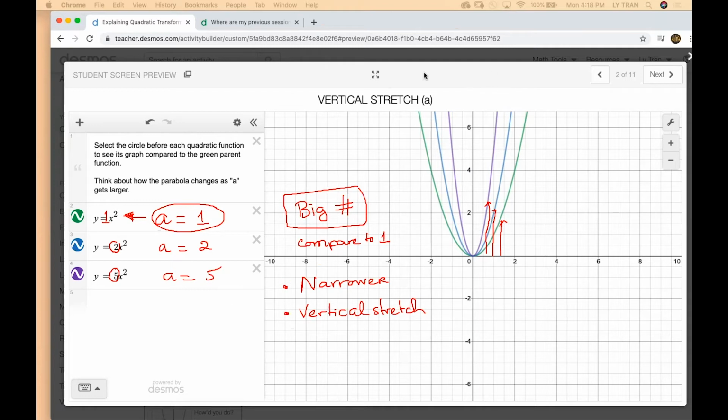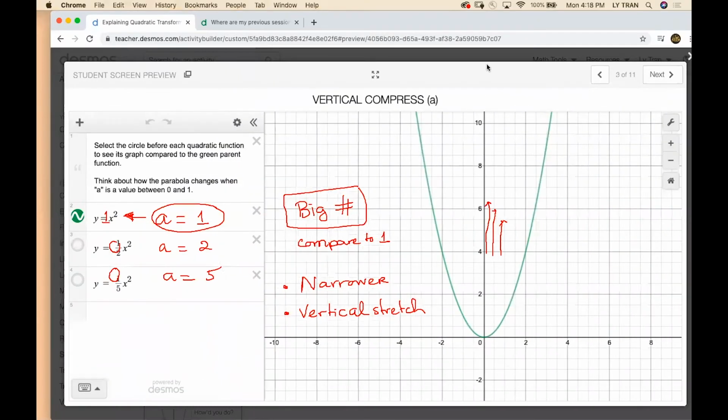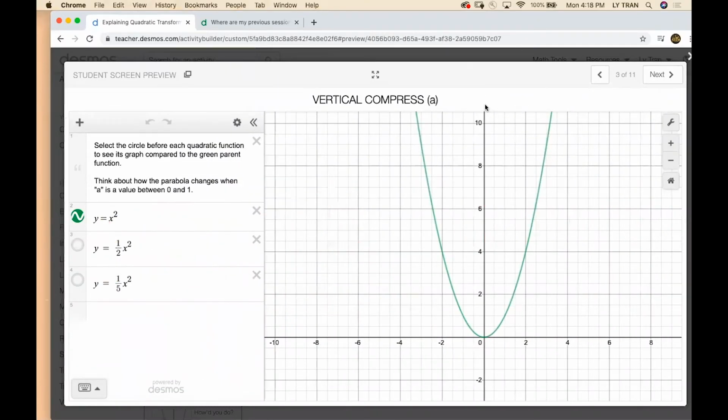So we're going to move on to the next one to understand what the change is. Okay, I think I should write all the formulas down to make sure we have everything we have so far. So far we learned about a, because as you can see, this is the number in front of the equation. Here is the parent function, a equals 1. Let me rewrite them here, and I will not erase it so we can have everything in the same spot.